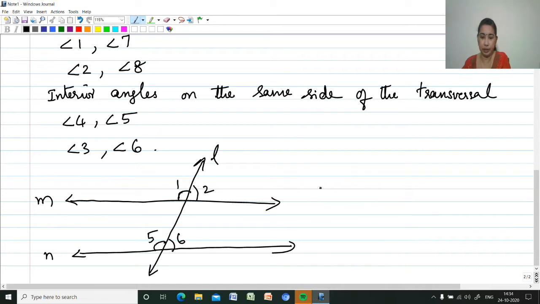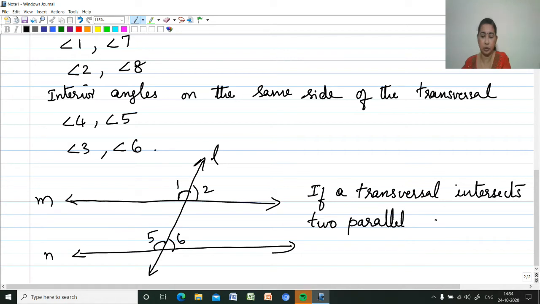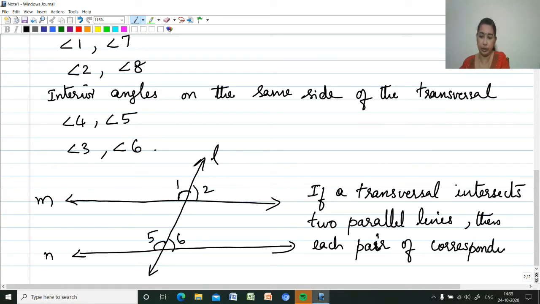So what we have to write? If a transversal intersects two parallel lines, then each pair of corresponding angles is equal.